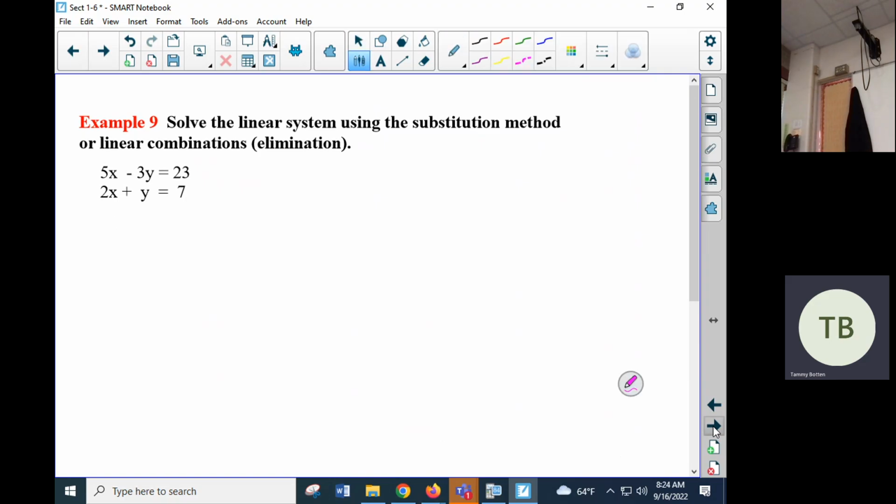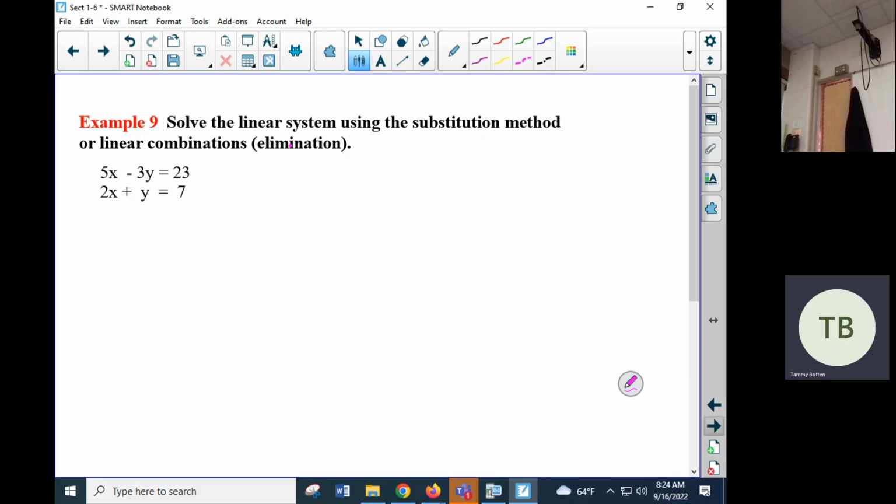And this is something you did in Algebra 1, so I think you probably remember this. So here's what happens. I like to call this way elimination better than linear combinations, because what you're trying to do is eliminate your x's or eliminate your y's.